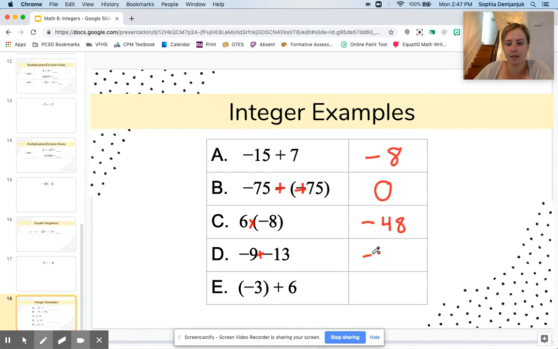Same sign, keep it negative. 9 plus 13 is going to give me negative 22. And then my final example, negative 3 plus 6. You take the sign of the bigger number. Your 6 is bigger, so it's positive. 6 minus 3 leaves me at 3.